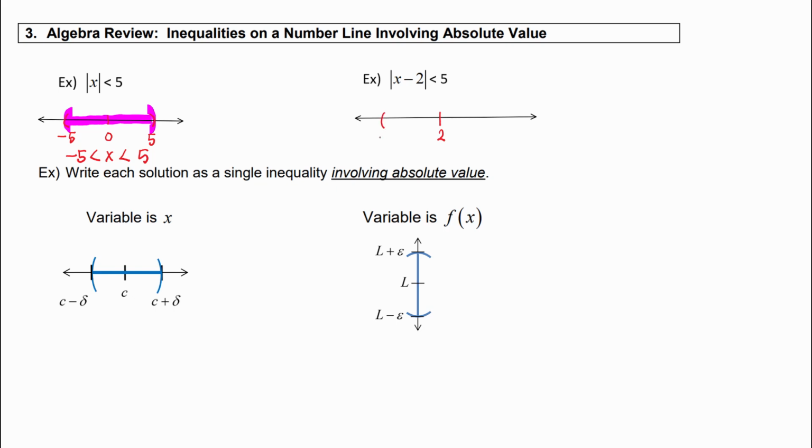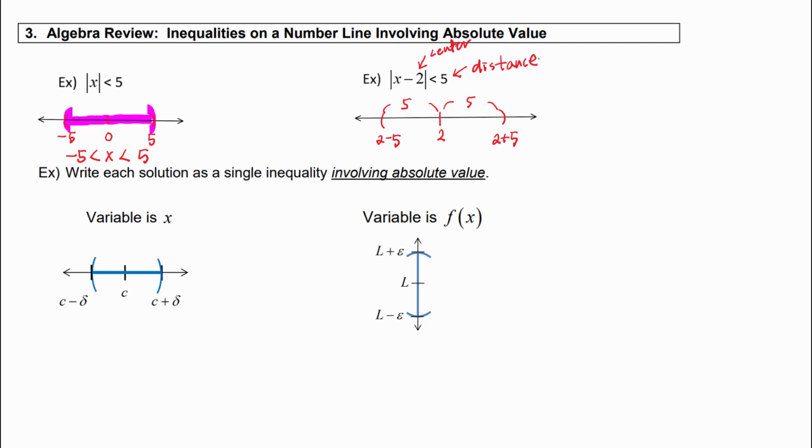So this point will be 2 minus 5, and this point will be 2 plus 5, since this is 5 units and this is also 5 units. So typically this is the center, and this is the distance we want to be within.